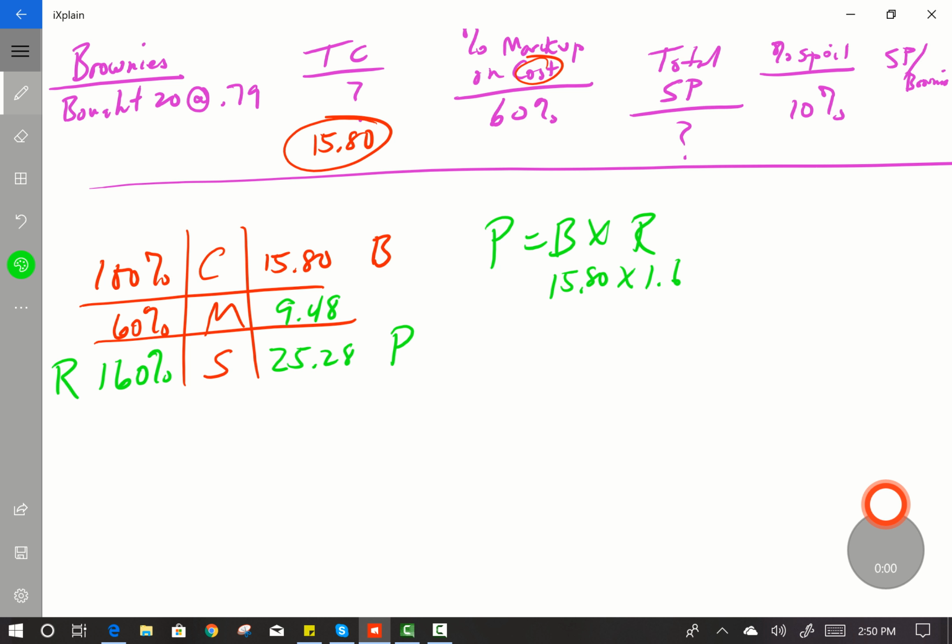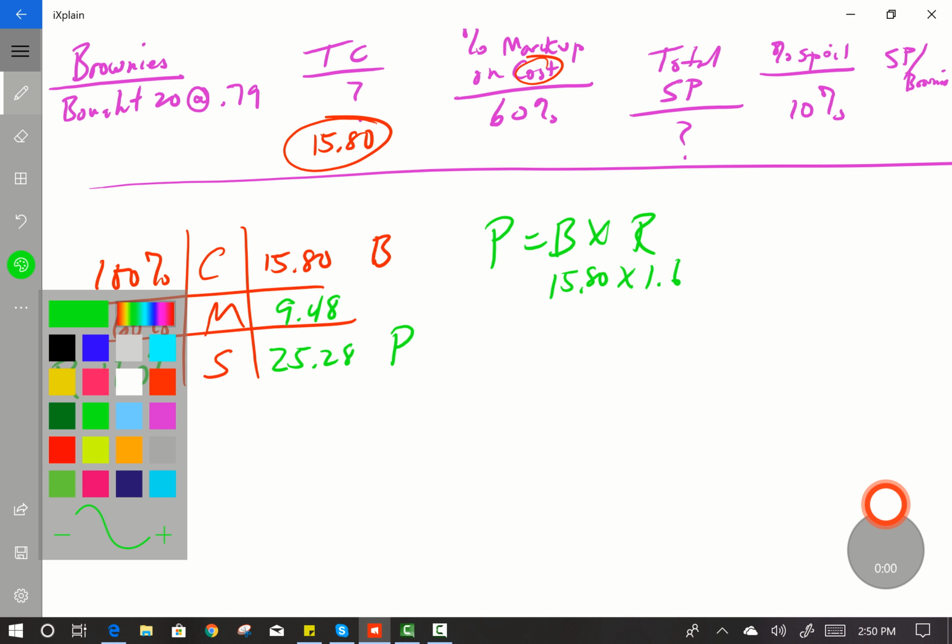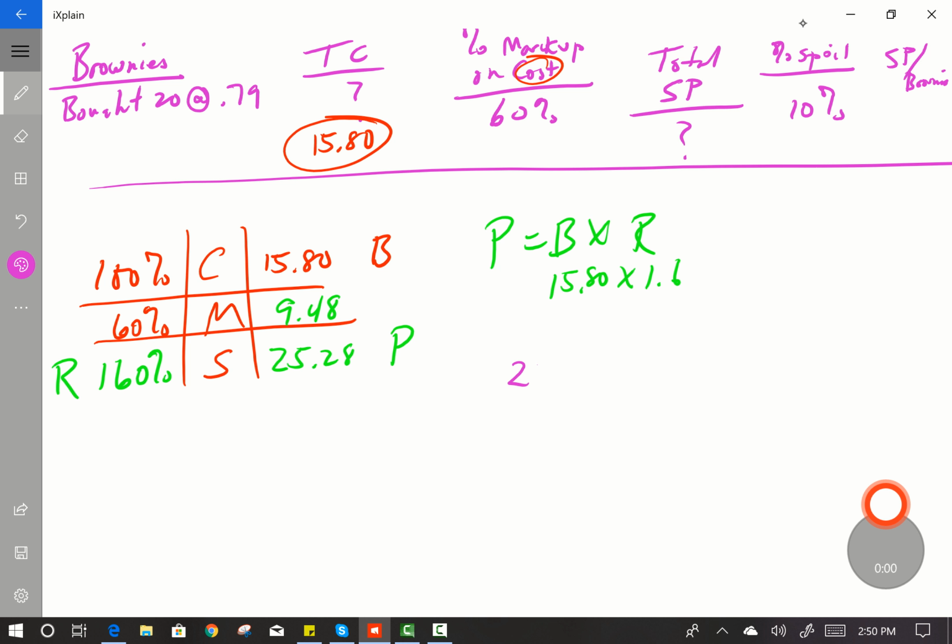We're not quite done yet. We want to find out how much it's going to be per brownie. So if the total cost is $25.28, and it says 10% of our brownies spoiled, how many brownies do we have left?